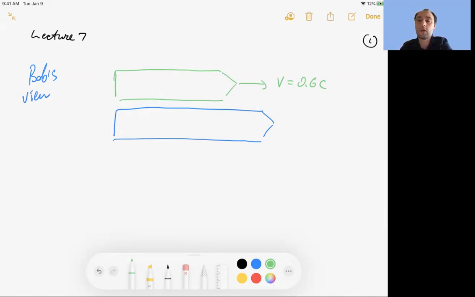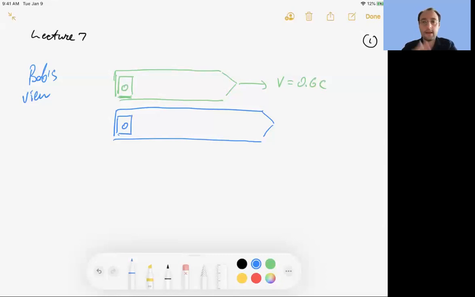So this is the usual setup in which when the origins of two frames pass each other, the clocks located at those origins can be set to be 0. That's a convention. We can always do that. So there is a clock here that reads 0, and there's a clock right here that reads 0. This 0 is a 0 in Alice's frame, and this 0 is a 0 in Bob's frame.